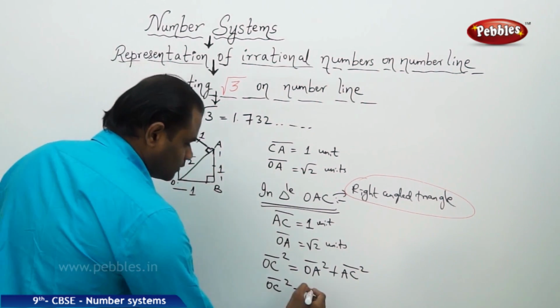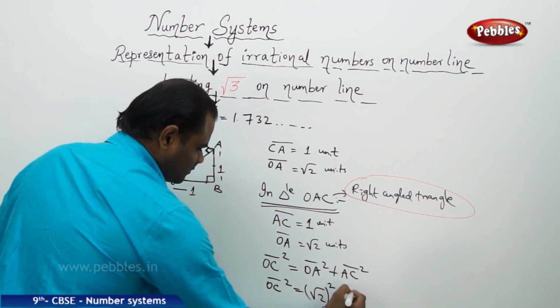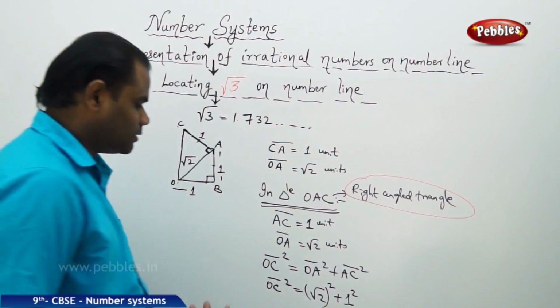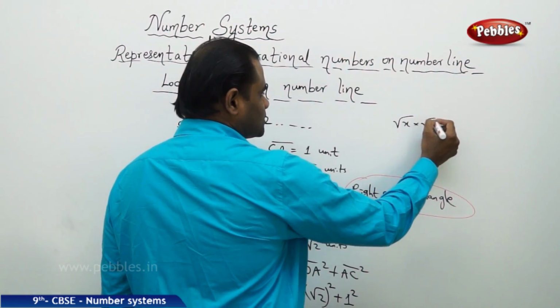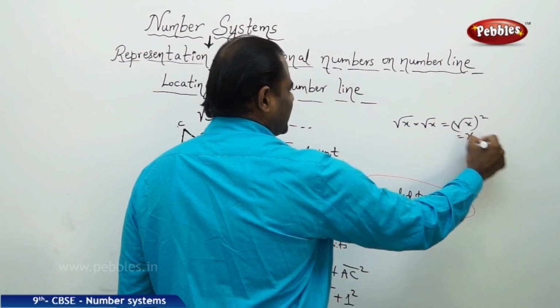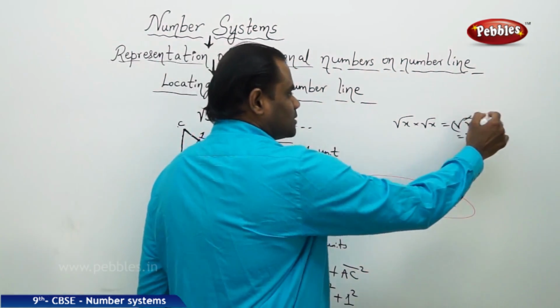Then when I substitute the values, I get OC square is equal to OA, which is √2 whole square, plus AC, which is 1 whole square. We know that √x into √x, which is √x whole square, is x, because the root and the square both get cancelled.